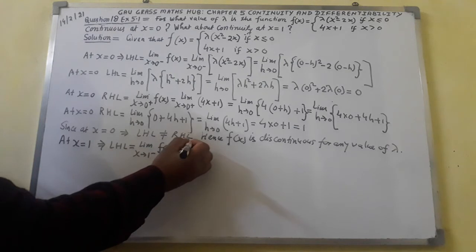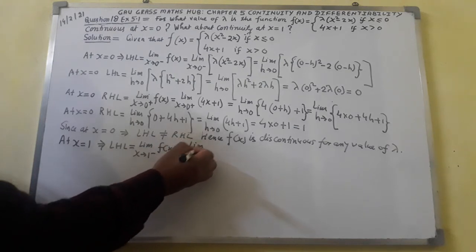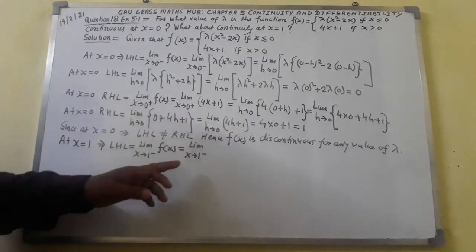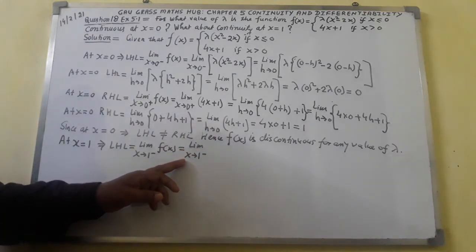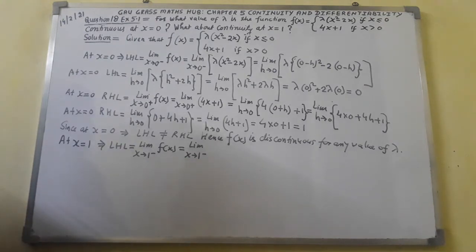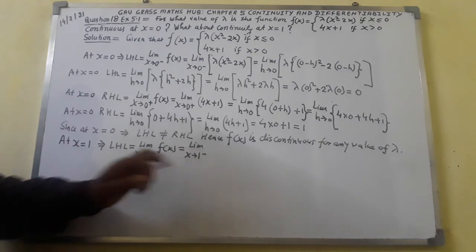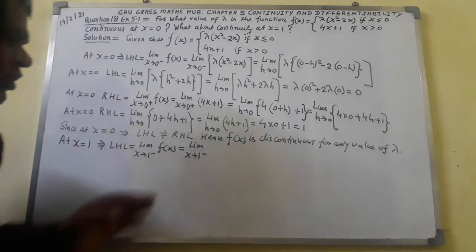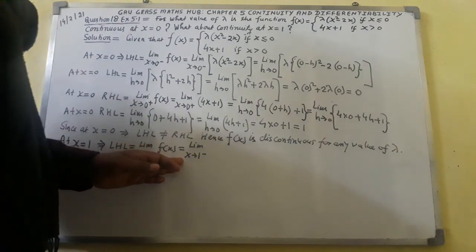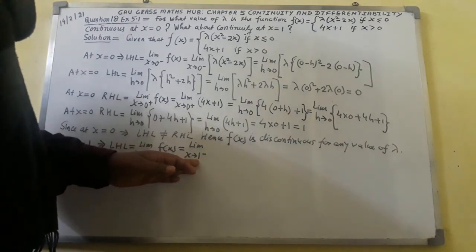This means that the value of x must be less than 1. So we have to choose the function in which the value of x must be less than 1.